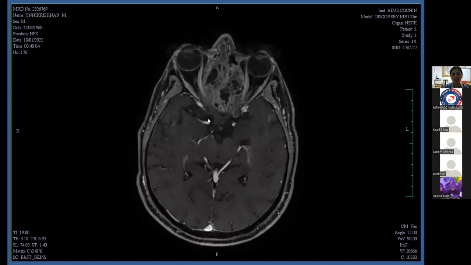Extending posteriorly, these are the optic nerves. We can see the optic chiasm, which is away. It is abutting the lamina papyracea in the whole extent and causing contour bulging on either side.